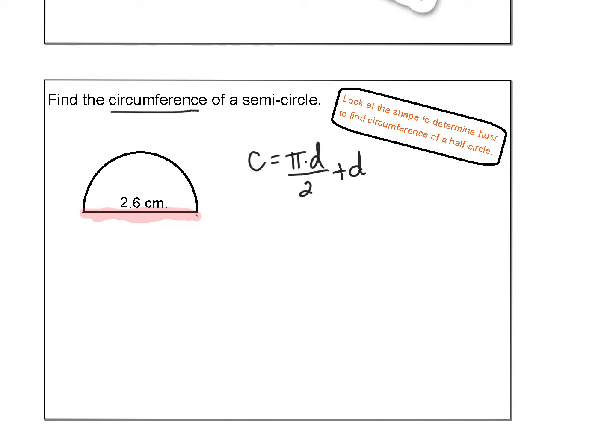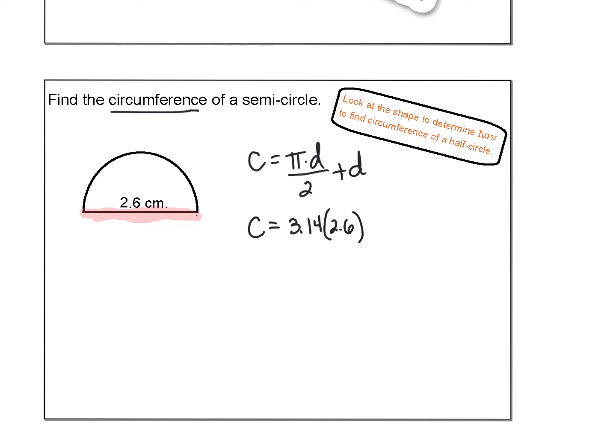All right, so let's plug in the numbers that we know and then just go ahead and calculate. We don't know circumference, but we do know pi. Pi is 3.14. And we know diameter, so I'm putting my diameter of 2.6. I put it into parentheses to show that I'm multiplying, right? It's 3.14 times 2.6.